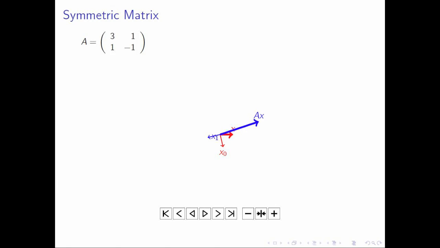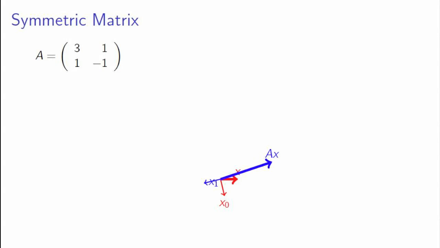So here we have a symmetric matrix, 3, 1, 1, minus 1. And I claim that x0 and x1 here in this picture are the eigenvectors. So let's see what happens. X starts moving around.